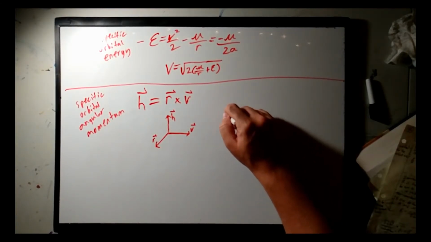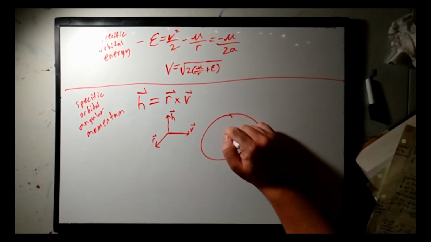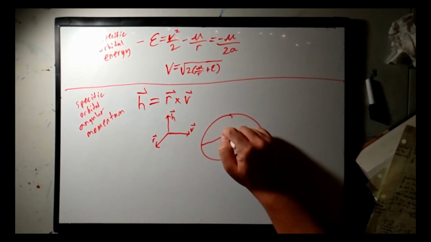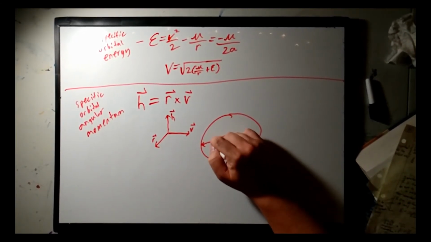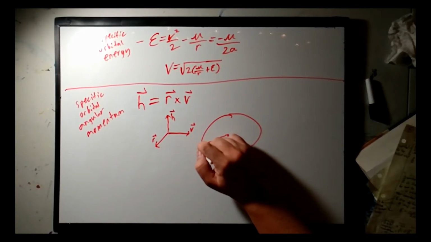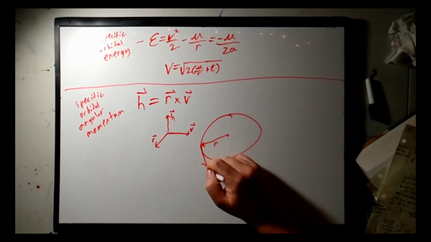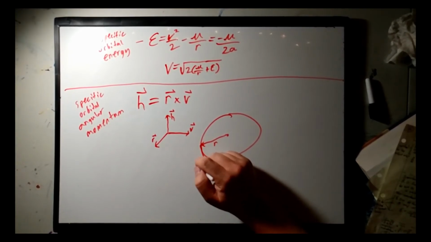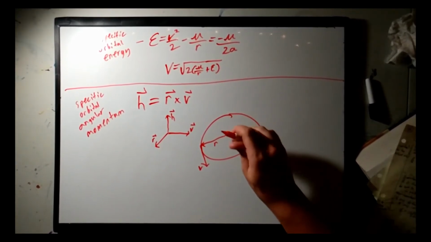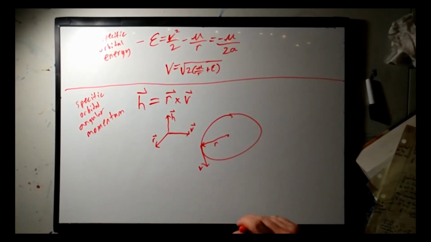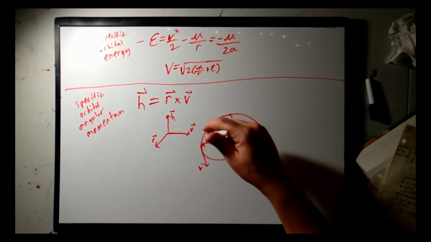Or we can draw this on an orbit. And let's say the center is here. So this is R, and then V will be perpendicular to that. And H would be coming straight out of the board then, or straight down, depending on if the V is flipped or not.